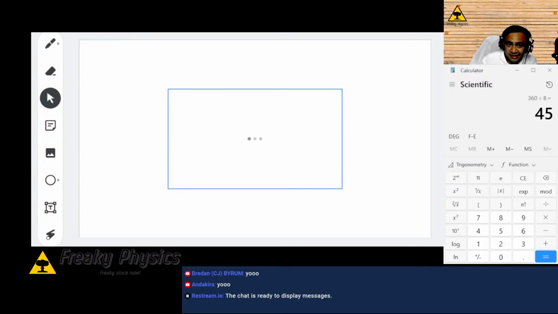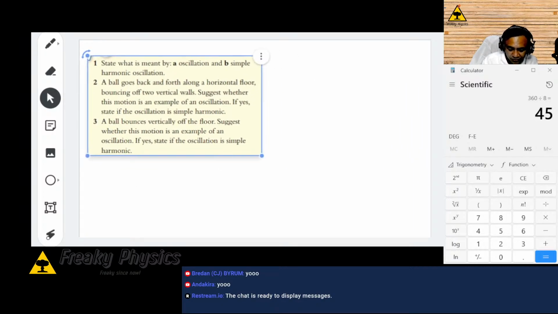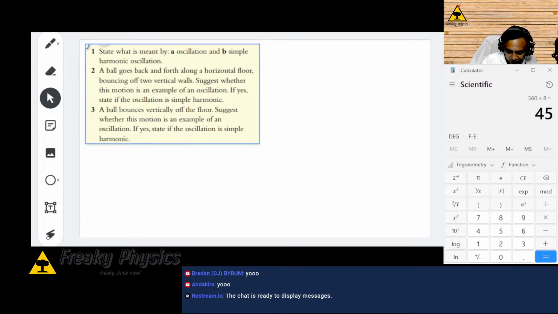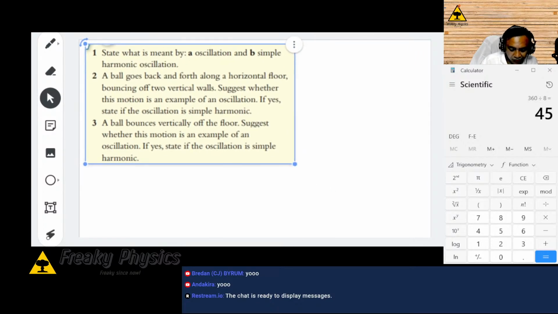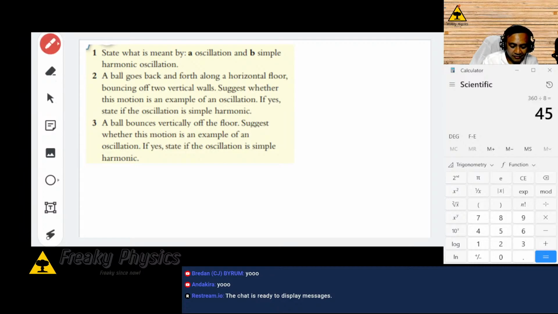Let's answer numbers 1, 2, and 3. I want you to answer them first, and then I'll tell you whether they're right or wrong. If they're wrong, I will give suggestions on how to improve the answer. Number 1. What's your answer for oscillation? What does it mean?